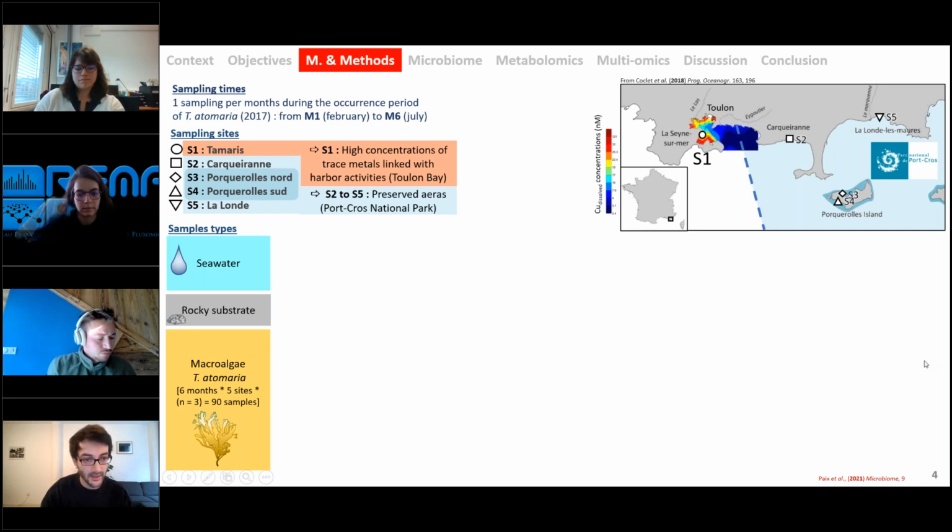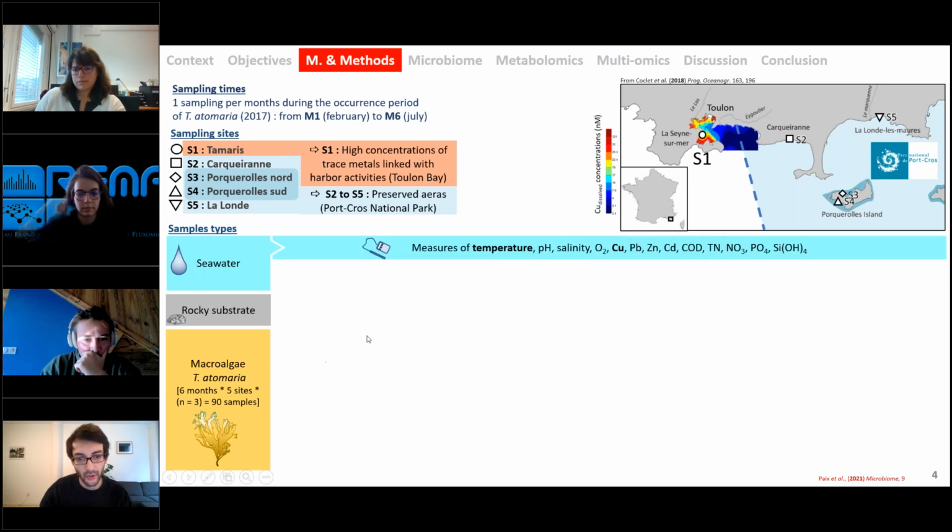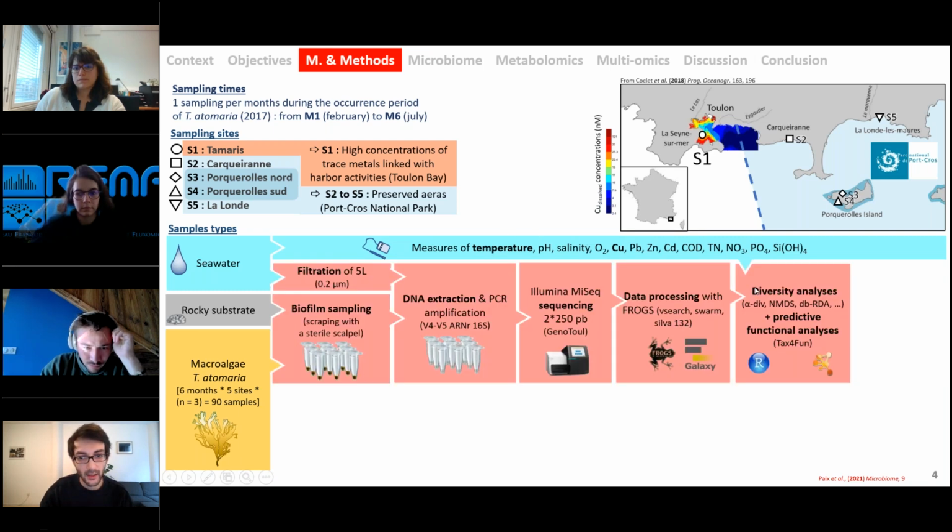So we collected all the different sampling types: seawater, the bacteria at the surface of the rocky substrates, and of course the macroalgae. From the water, we measured all the environmental parameters, and we performed a metabarcoding approach to study all the microbial diversity, so all the bacterial diversity, in the 3 types of samples.